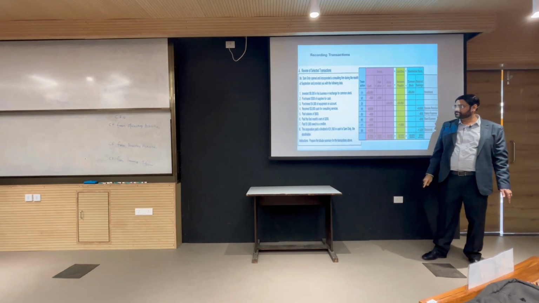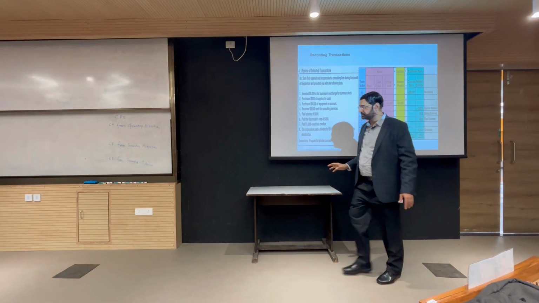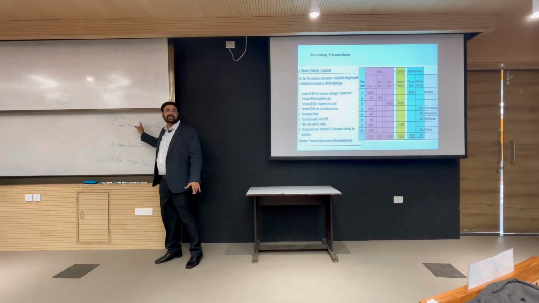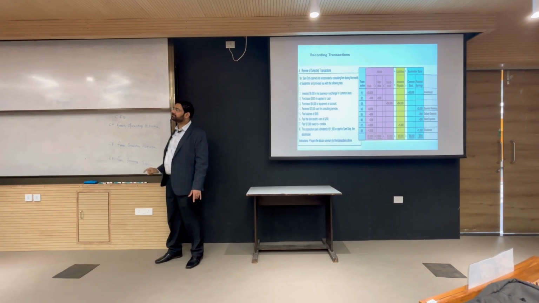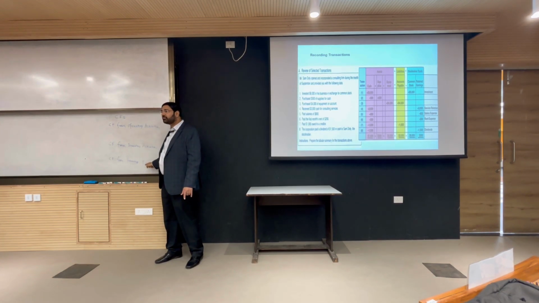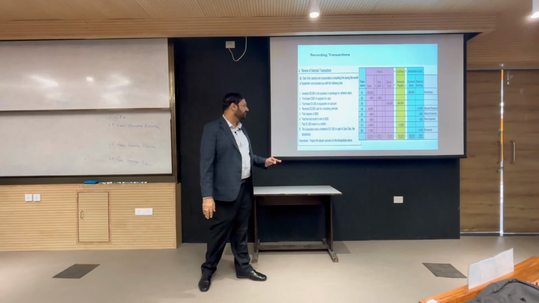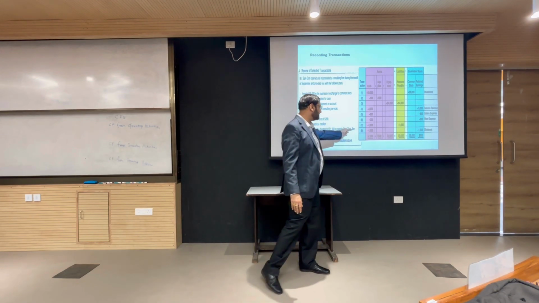So in the cash flow statement, the sum of all these activities must be 7,000, which is the closing balance of cash, because we started with 0 and ended with 7,000.